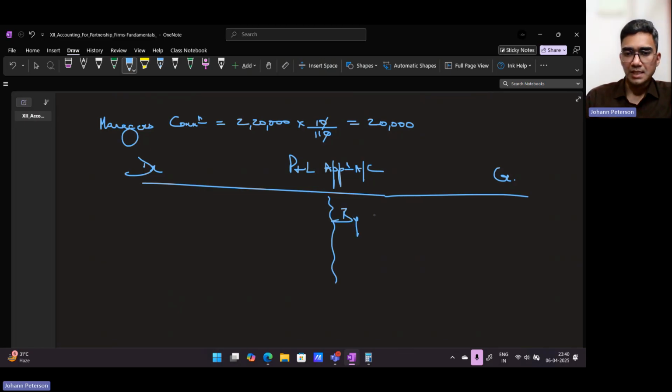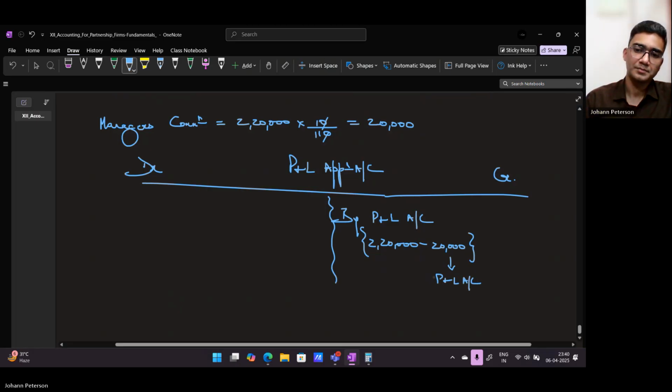So the profit which I am writing here is going to be 220 minus 20, because this 20 would have come as an amount we are subtracting from our P&L account. This would have been shown in a P&L account. It is a charge against profit. So here I would eventually write 2 lakh.